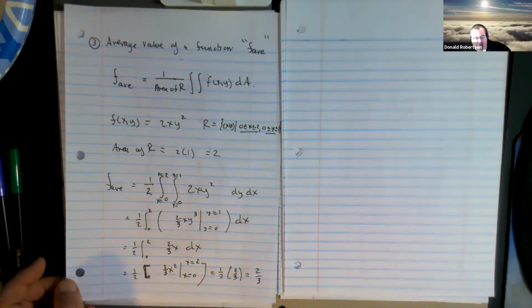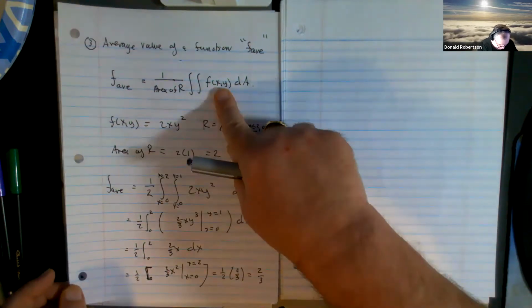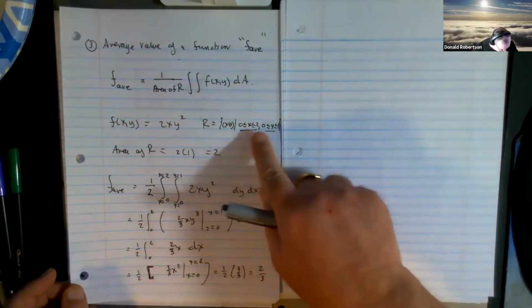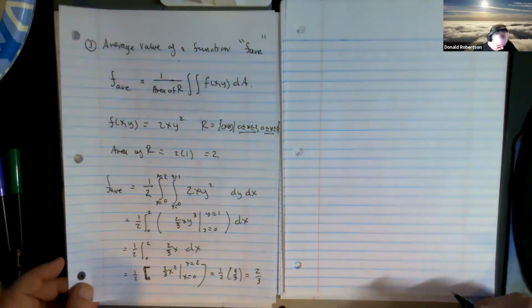It's 1 over the area of the rectangle, in this case at least. And then just find the integral as usual with the limits that you're given. Any questions about double integrals before we now move on to double integrals over non-rectangular regions?